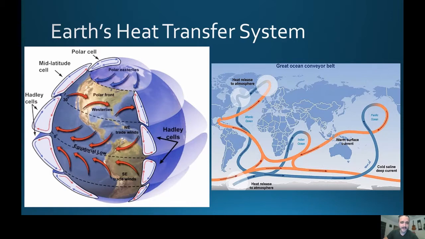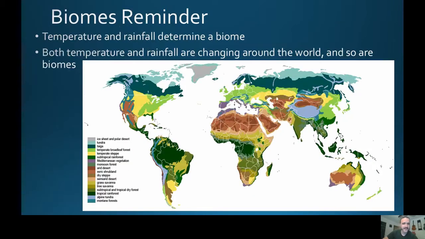And as a reminder of that, we can talk a little bit about biomes. Biomes are regions of the world that have distinct climates, so in terms of their temperature and rainfall, and therefore host a distinct set of life forms. So for example, we can go down here to Brazil, and we see there's a tropical rainforest down here.